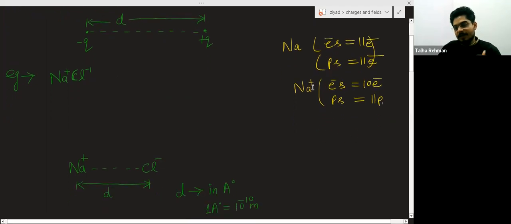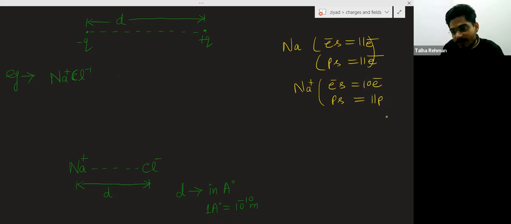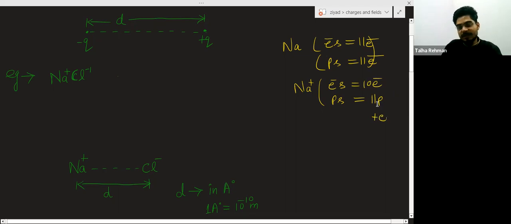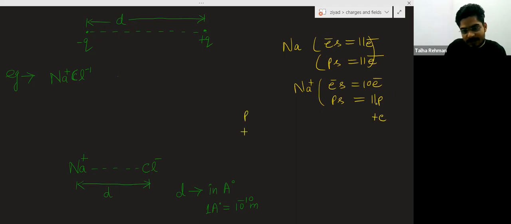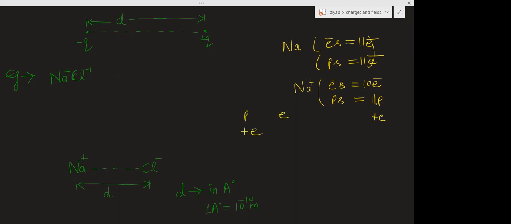Now for this sodium ion, one more thing we know that the charge on an electron and the charge on a proton is the same in magnitude. When you add the whole charge, what do you get finally? Plus e. Because a proton has a charge of plus e, an electron has a charge of minus e.